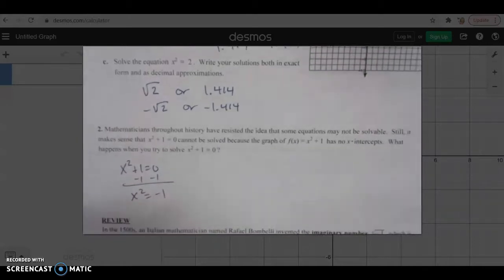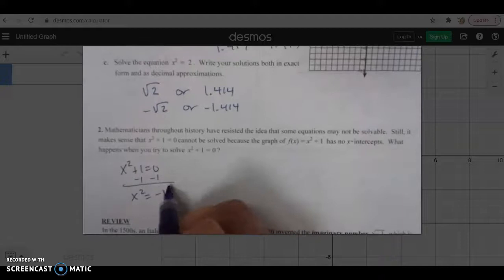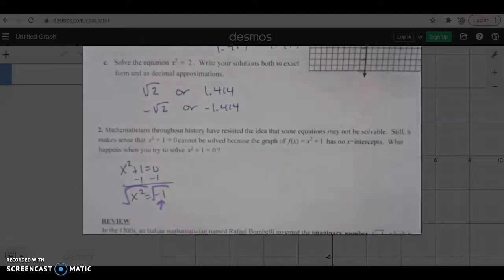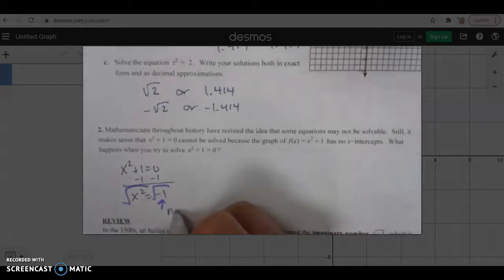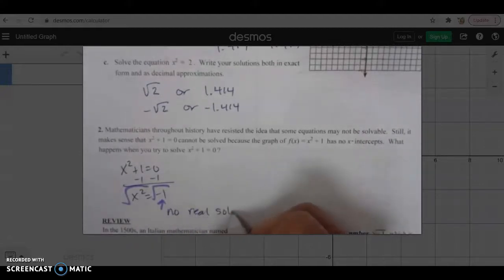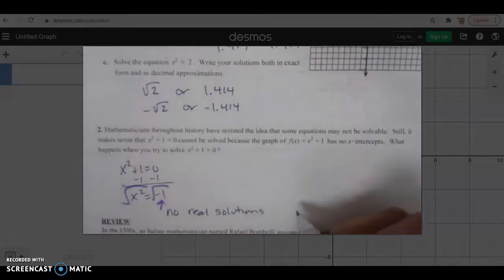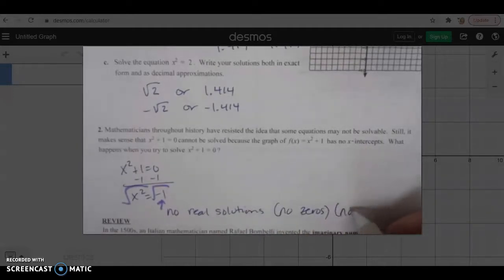And look what happens when we take the square root of both sides on this problem. Remember, we've been talking about, if there's a negative there, that means there's no real solutions. The other way to say it is that there's no zeros or no x-intercepts. Okay, so no x-intercepts.